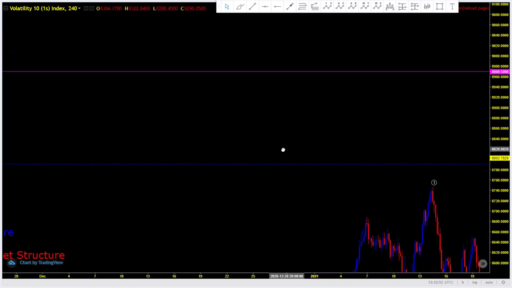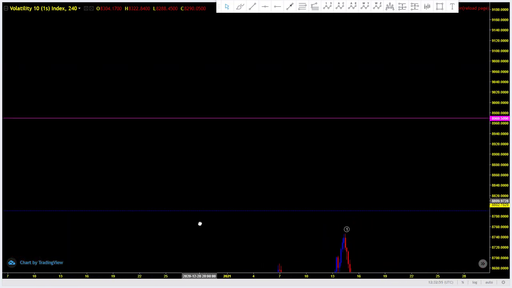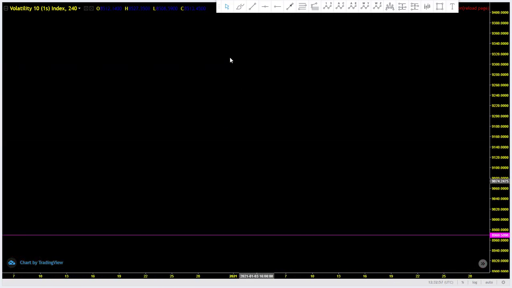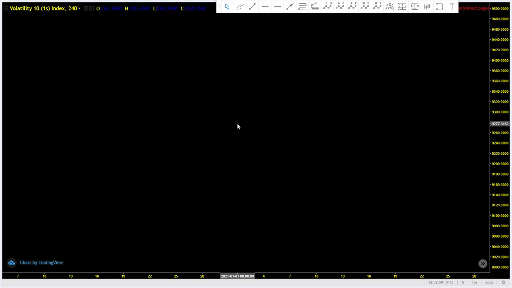Let's just move this a bit to the side and talk about the nature theory here. So according to the nature theory, the market moves in impulses and corrective moves. What am I saying?